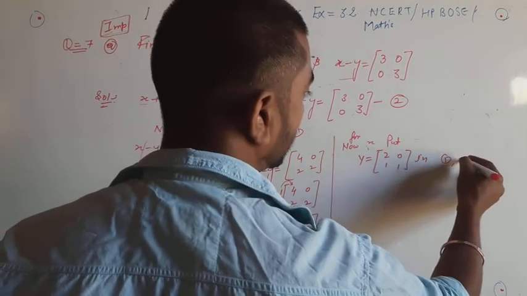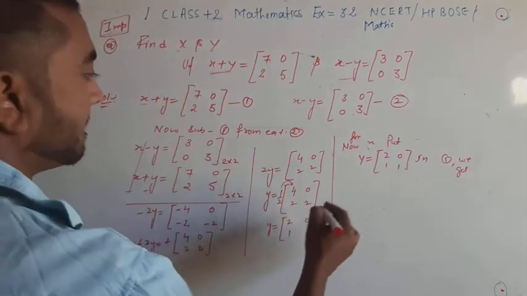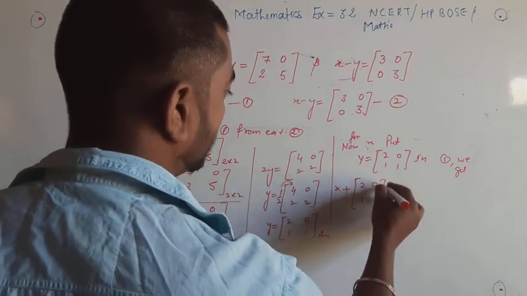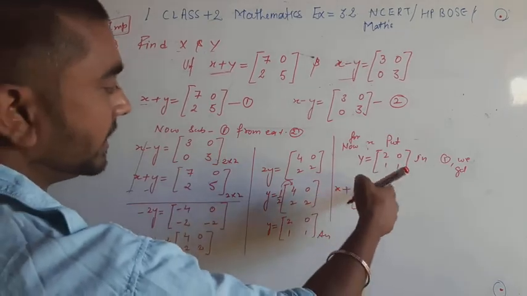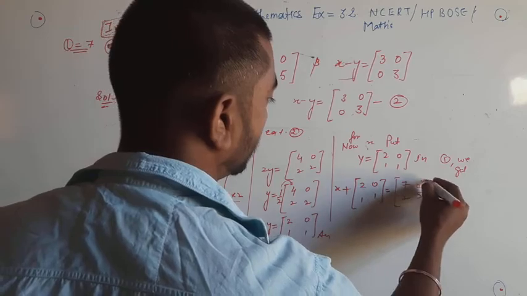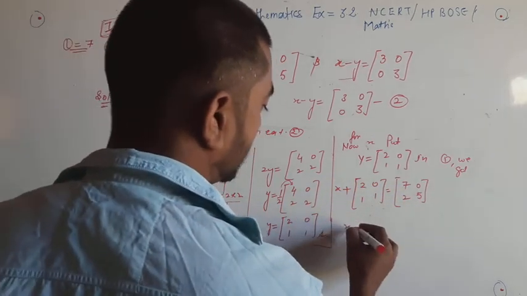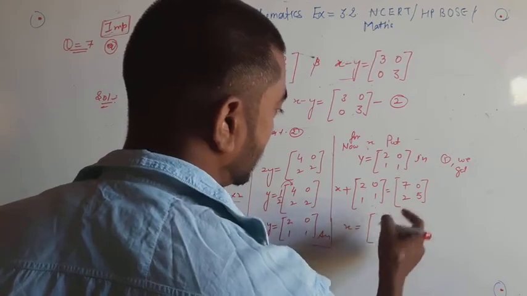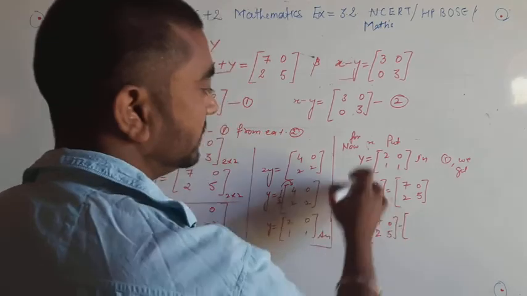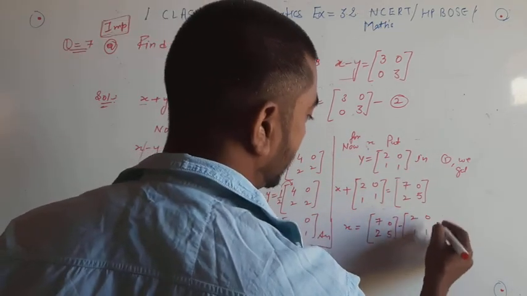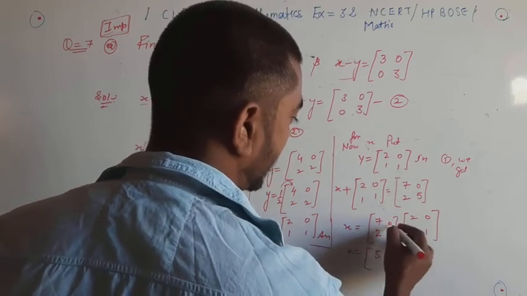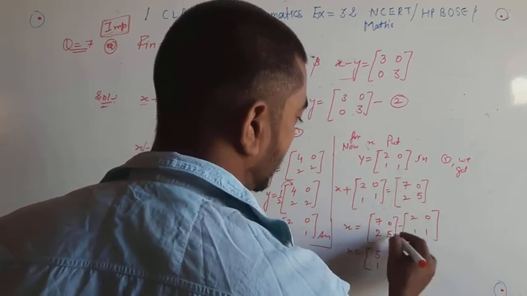In 1 we get x plus y, that means x plus 2101 equal to 7025. Move this term towards the right hand side. Now the result is here: x equal to 7 minus 2, 5; 0 minus 0, 0; 2 minus 1, 1; 5 minus 1, 4.